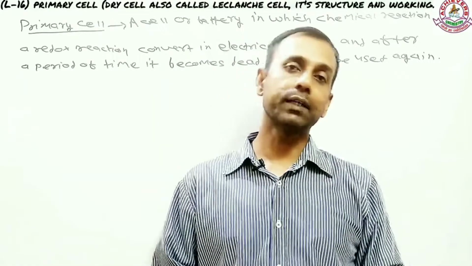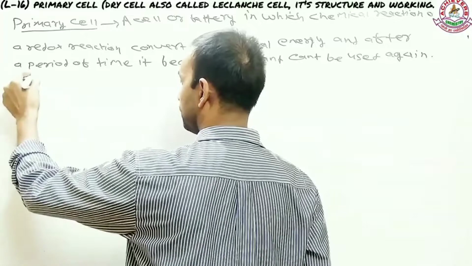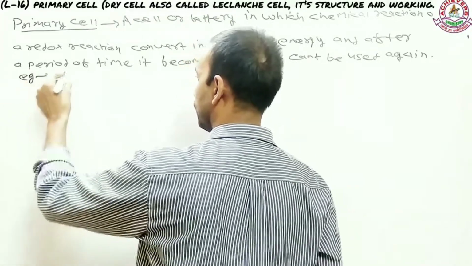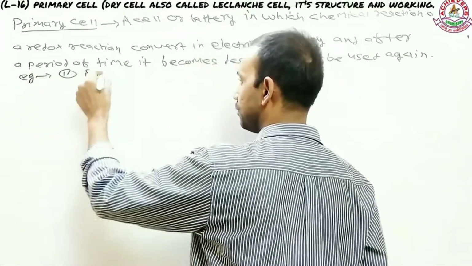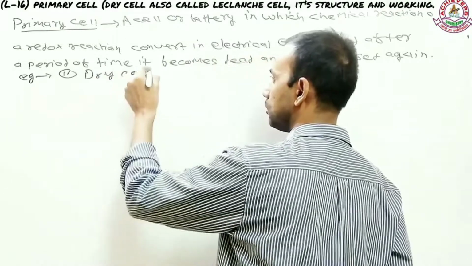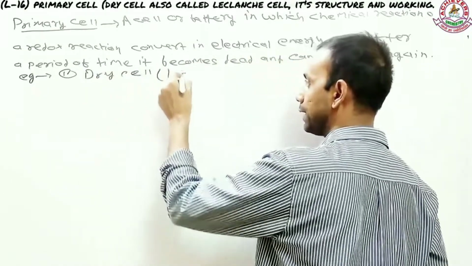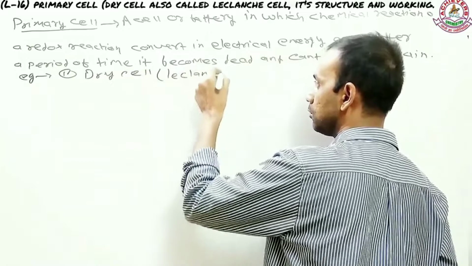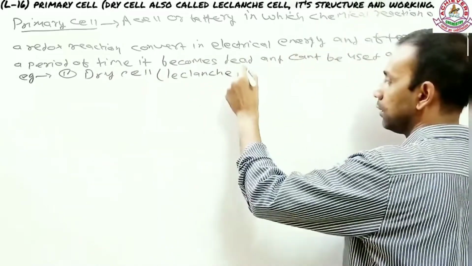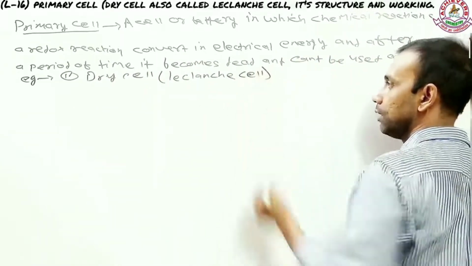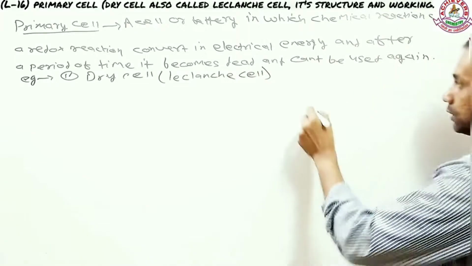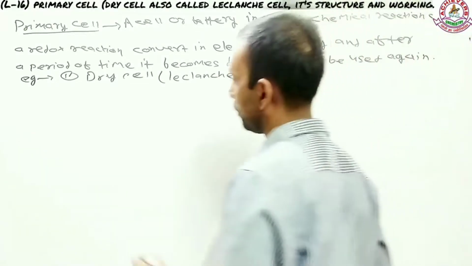So that's the kind of battery I'm talking about. The first example is called a dry cell. It is also called a Leclanche cell. Okay, and another one, but let me finish this one first.